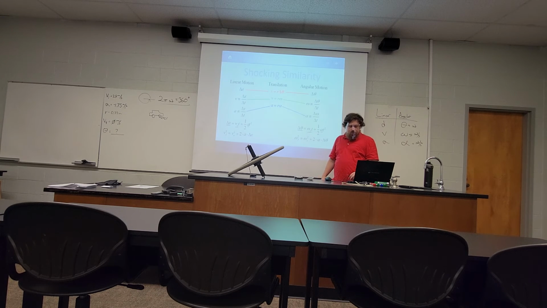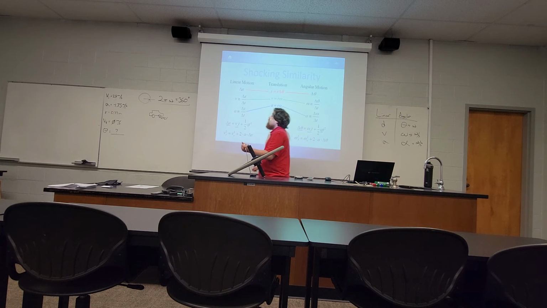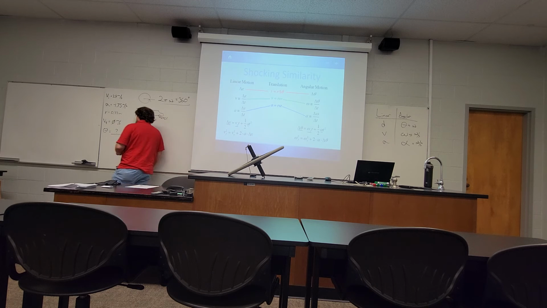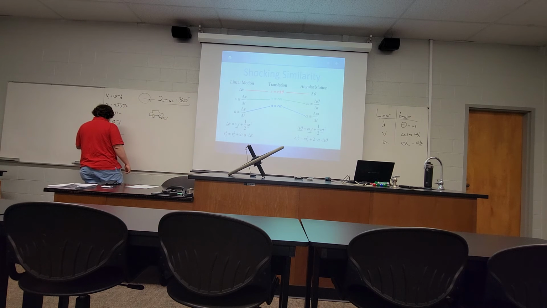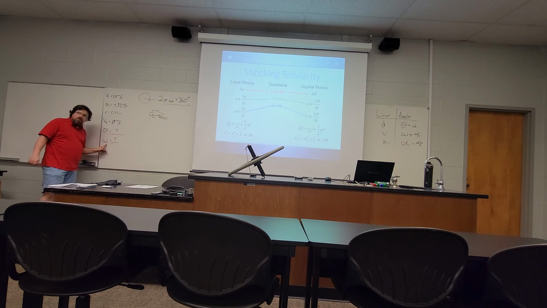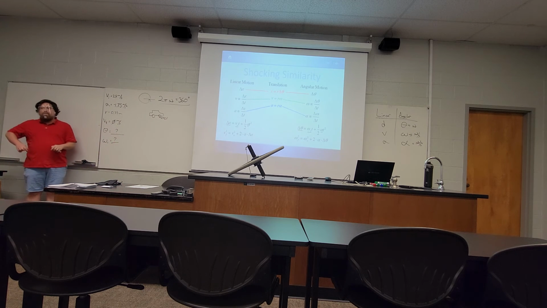Put the formulas back up on screen. And note, we are hunting for omega initial, W initial. Given what we know, what do you think is our best bet for finding that information?